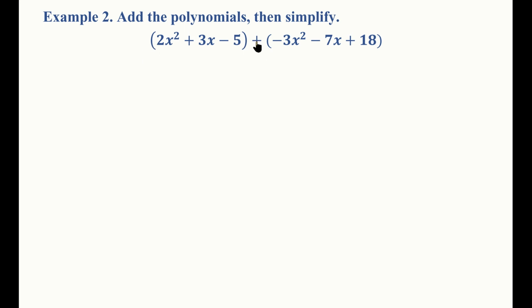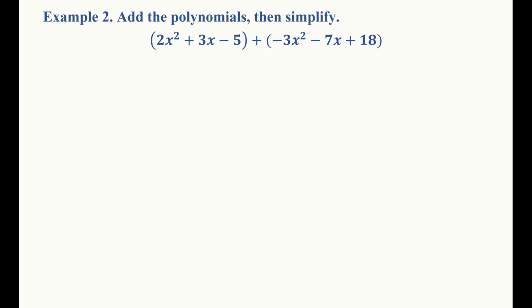And here, because that's a plus and no number written here, you can imagine an invisible 1. So that's just like saying plus 1 times all of that, which of course, multiplying a 1 into a polynomial isn't going to change anything. So we can safely drop those parentheses as well.